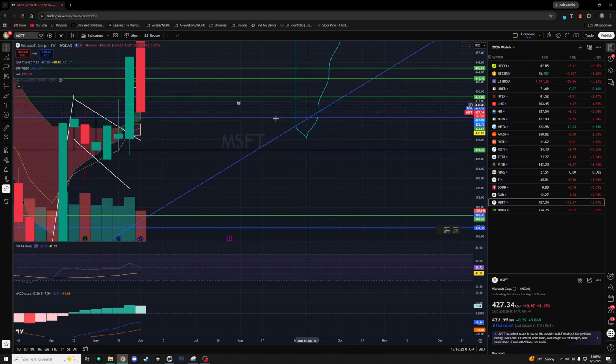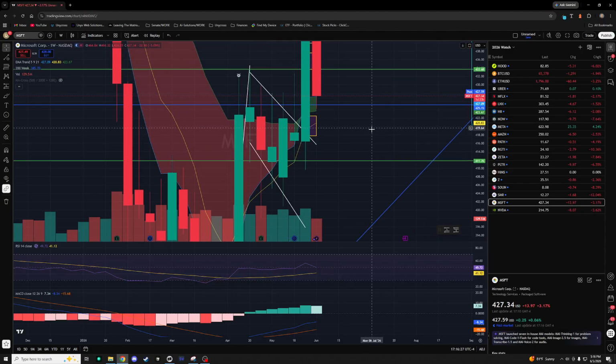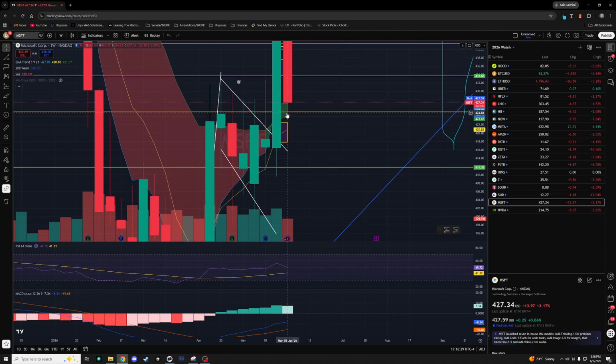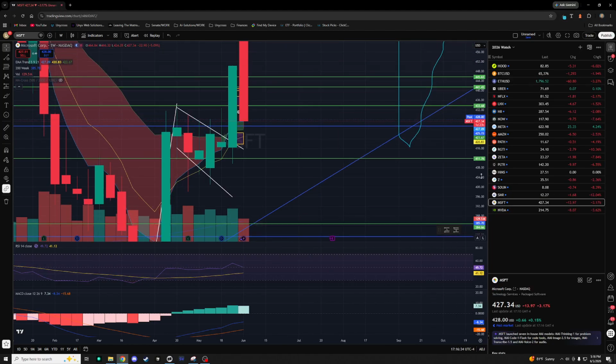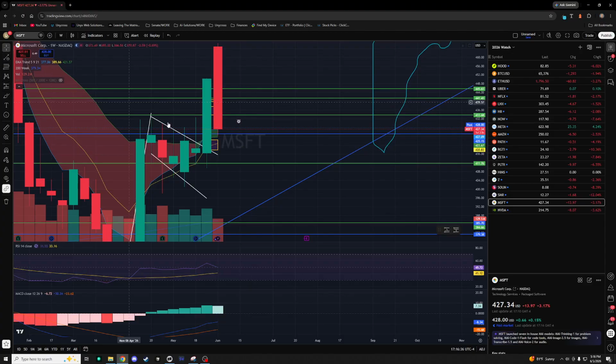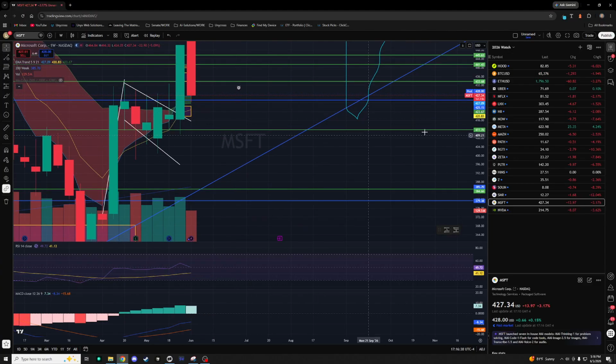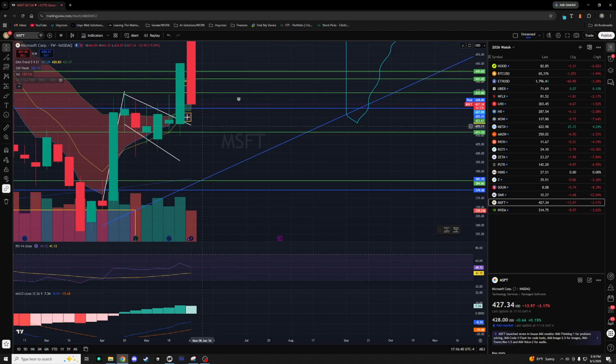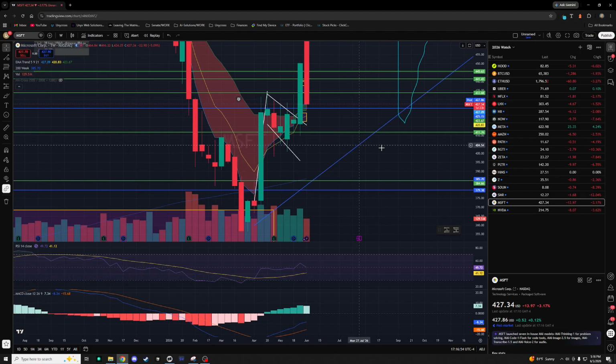But you have possibly the best entry you could ask for on a longer-term time frame right here. Because if you get in right here, and the stock comes down to this line right here, this is going to turn red again. So if you enter here and the thing turns red, you're going to lose less than 4% on your investment, and it's going to stop you out.